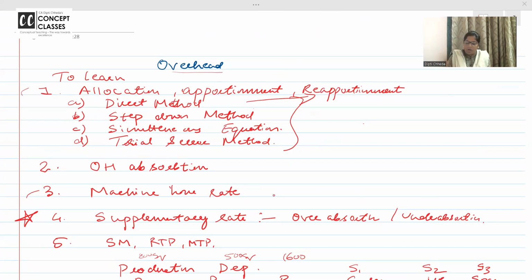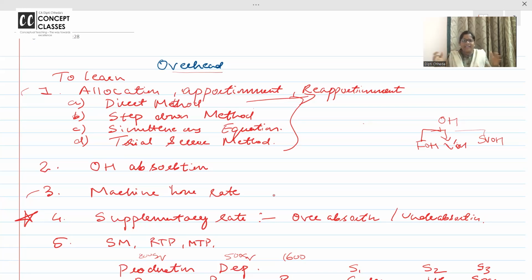You should know how to segregate overhead into fixed overhead, which is constant in total; variable overhead, which is constant per unit; and semi-variable overhead, which is not constant in total, and per unit is also not the same. So semi-variable overhead has both a variable element and a fixed element.